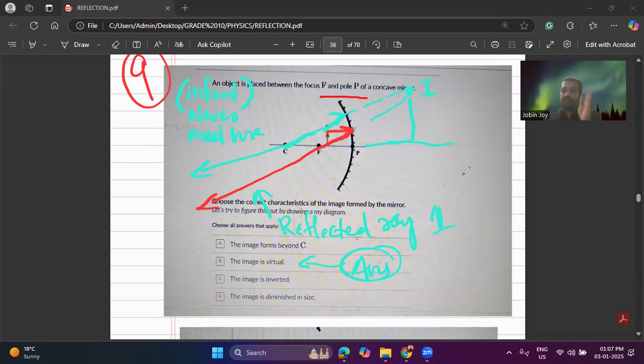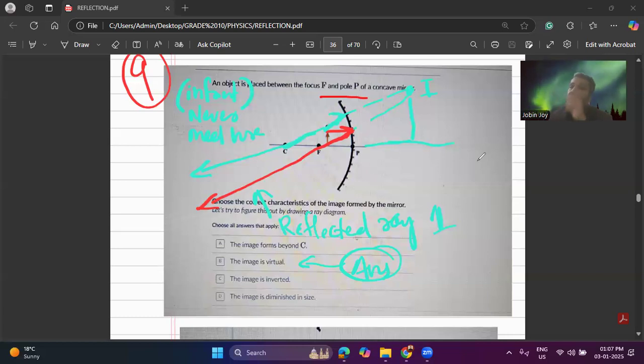There are three cases, right? If the object is between C and F, the image will be enlarged.